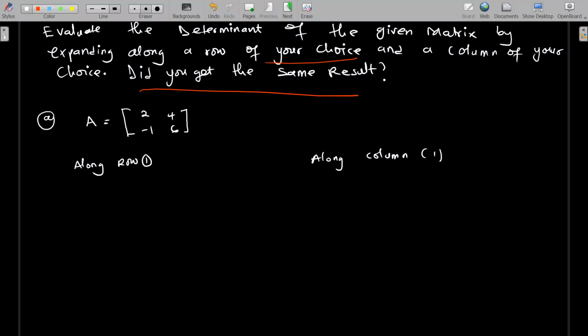If you remember, the determinant with the expansion along a particular row or column is, the determinant of A is equal to a summation, along the particular row or column you want to talk about, let's say i equals 1 to n, depending on whether the i is the column or the row you're talking about, of some a_ij times the cofactor of a_ij.